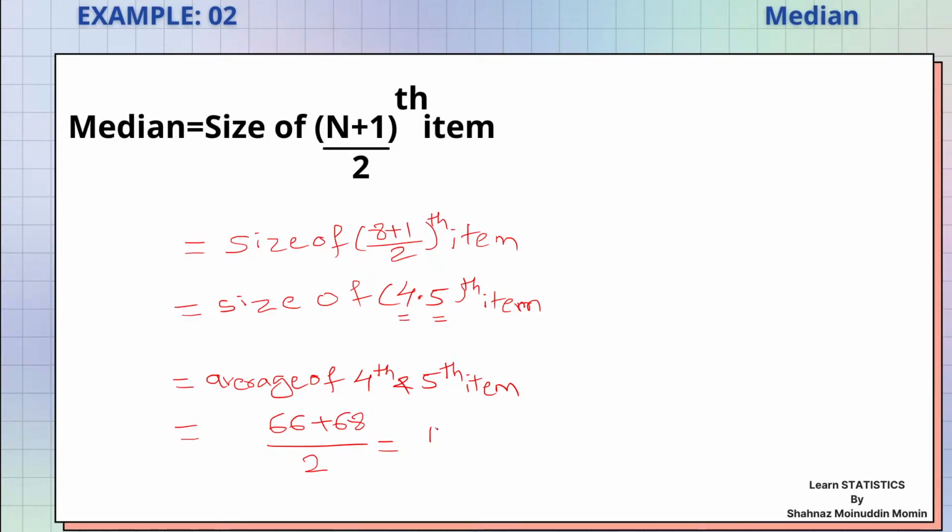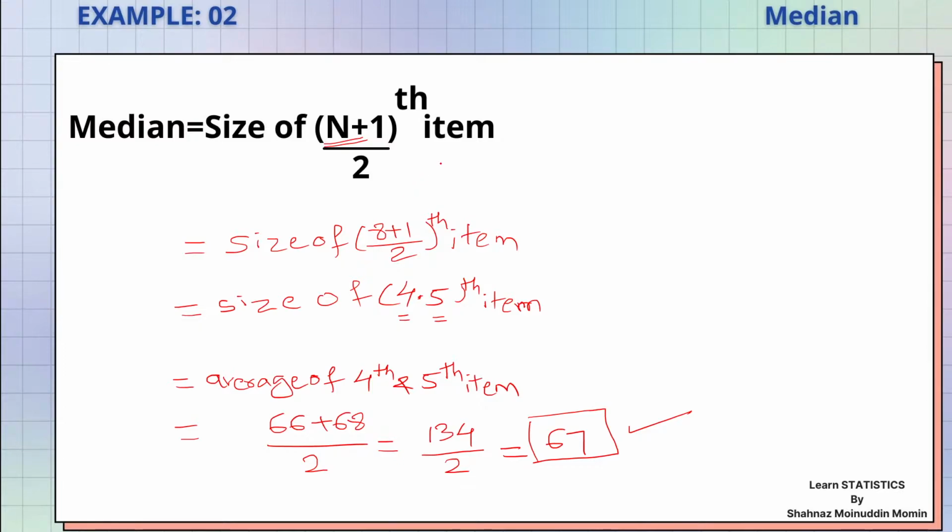It comes out to be 134 by 2, and it is 67. Hence, the median is 67. In this way, we can calculate the median in individual data, whether n, the number of observations, is odd or even.